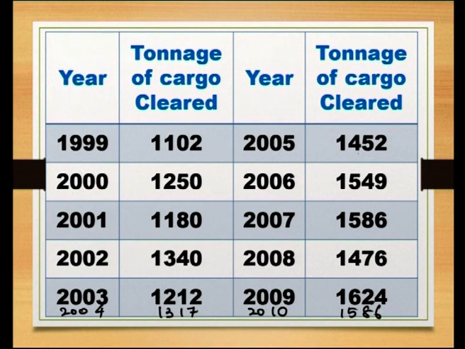Next, for 2005, 1452, 2006, 1549, 2007, 1586, 2008, 1476 and then for 2009, 1624 and then for 2010, it is 1586. Let us see how 4-yearly centered moving averages are calculated. Calculation of 4-yearly moving averages.